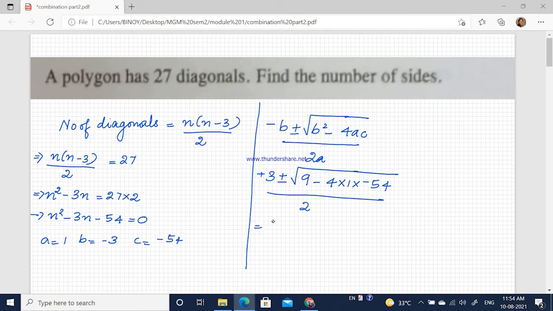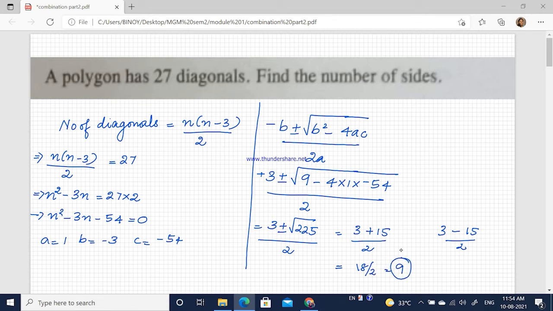So that is equal to 3 plus or minus root of 225 by 2. So that is 3 plus 15 by 2 or 3 minus 15 by 2. So 18 by 2, that is 9. We select the number 9 rather than a negative number. So n is equal to 9.